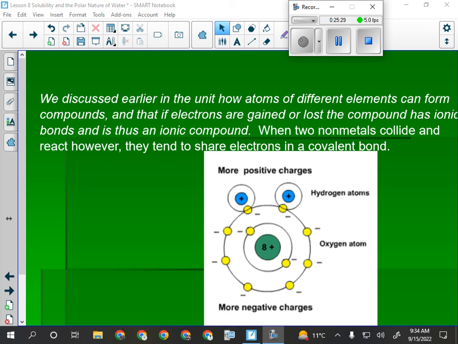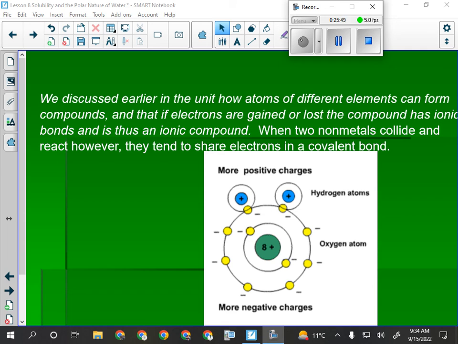That's why ionic compounds work the way they do. The electrons just go to the electronegative nonmetals. But when it's two nonmetals together, they have to share better because they're both electronegative. When we're talking about water in particular, hydrogen is not nearly as electronegative as oxygen.